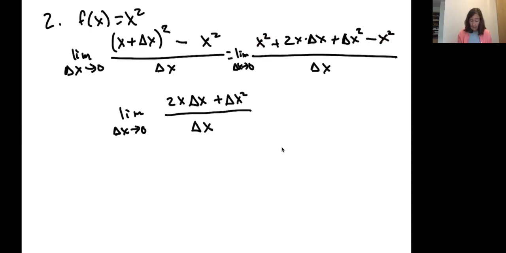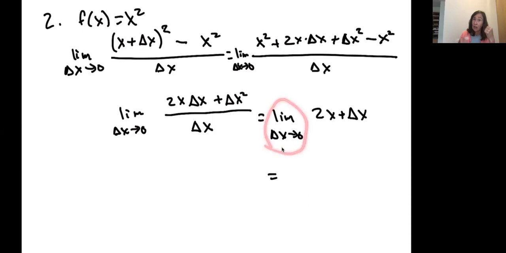So again, same trick as before. As long as delta x doesn't equal 0, I can divide it out. That is the limit as delta x goes to 0 of 2x plus delta x. Now I'm dropping the "let's take the limit" instruction because I really am taking the limit now.